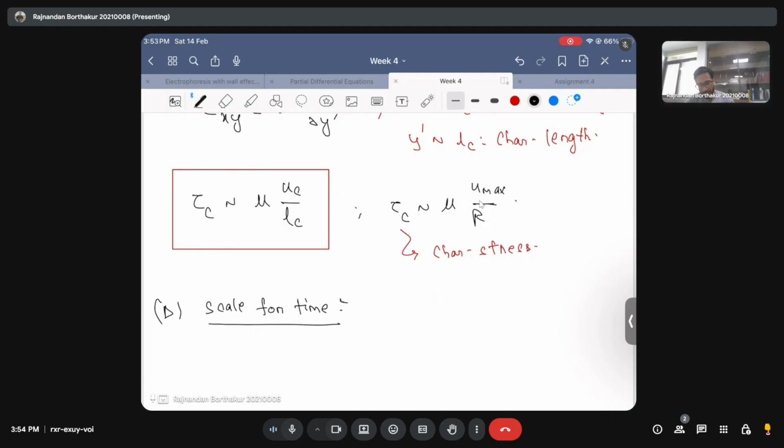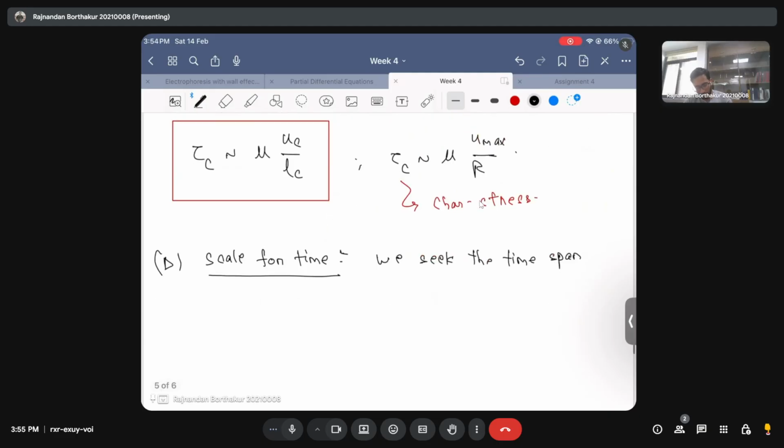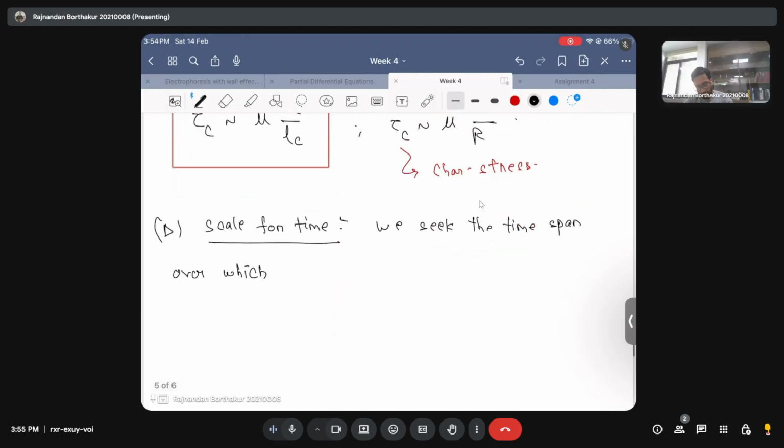So basically the idea of choosing a scale for time is that we seek the time span over which there is a considerable change in the variables of interest.